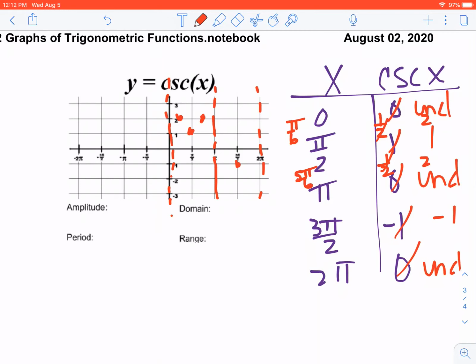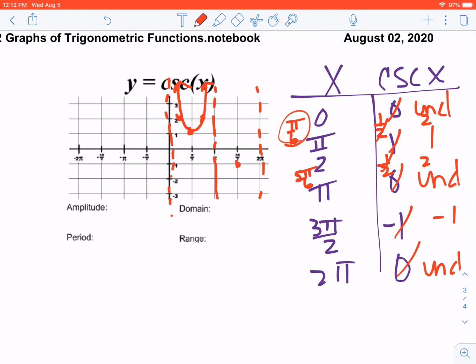So using that as an example, they're not parabolas, but you do get a U shape. And why did I arbitrarily pick pi over 6? Because 1/2 is easy to reciprocate. If I have 2 over root 2 and reciprocate it, you don't get a nice even integer to plot. All right, so let's stay on with this.